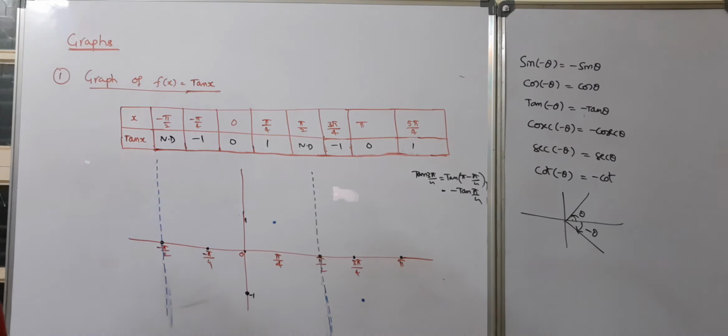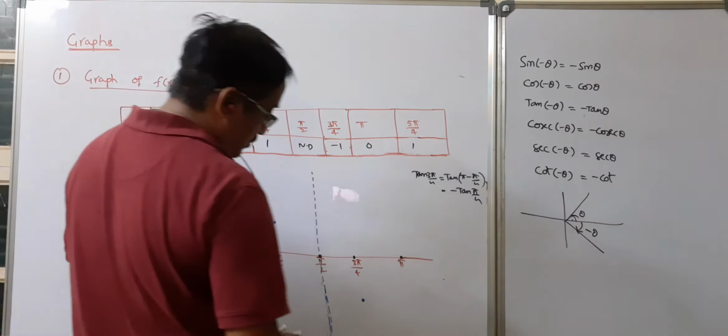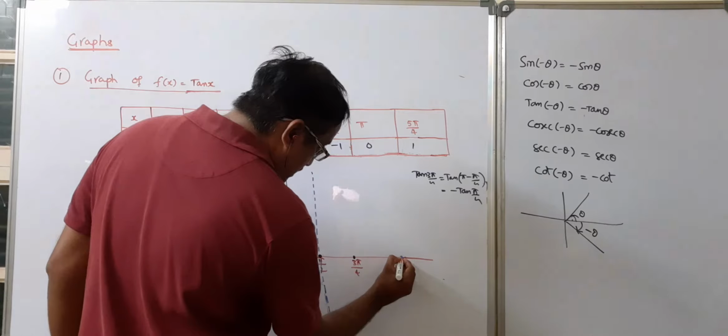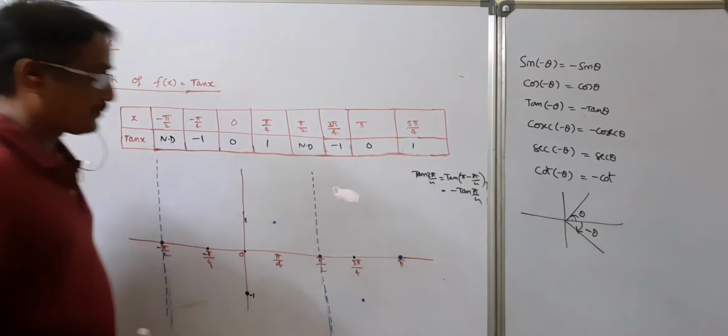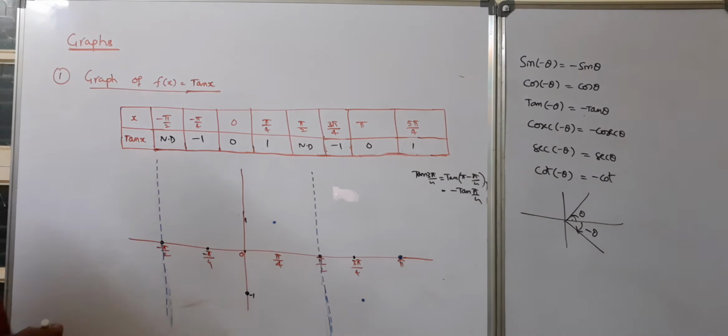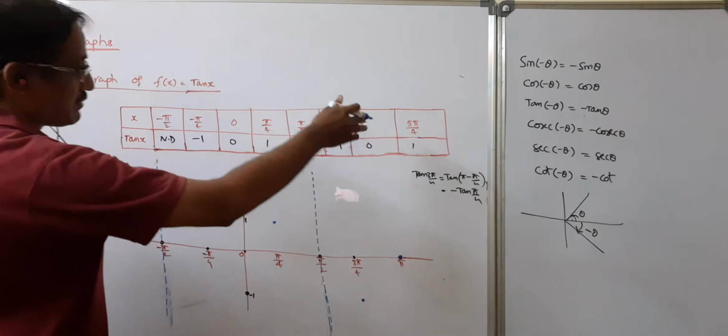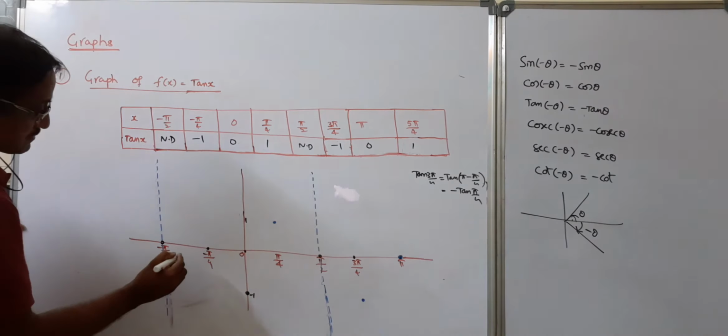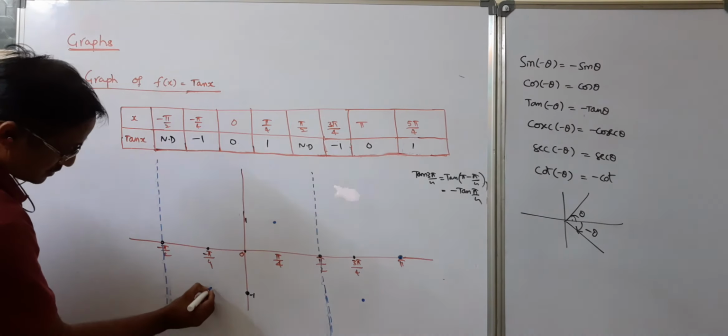And then tan 180 degrees is 0. This is 0. Tan 5 pi by 4 is again 1. Next, tan minus pi by 4 is minus 1. So here, minus 1.